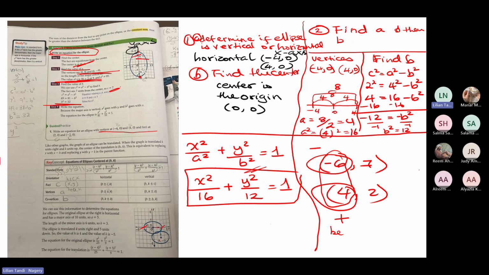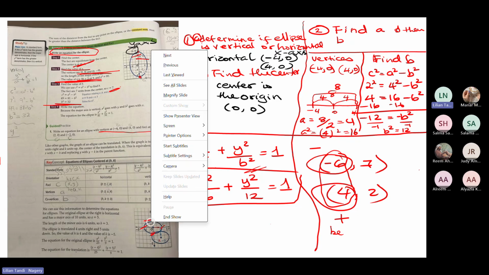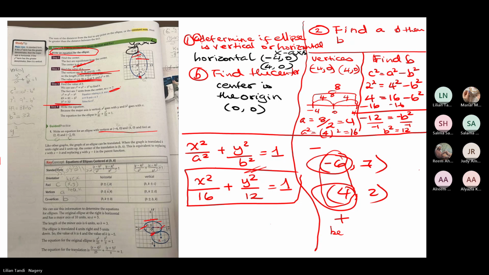The length of the minor axis is 6. So from here, this is 3, because 4 is here. That's 4, so this is 3.